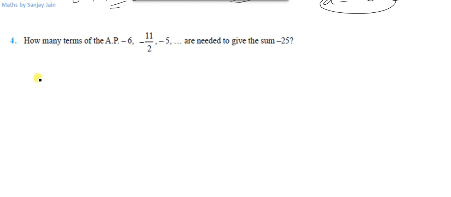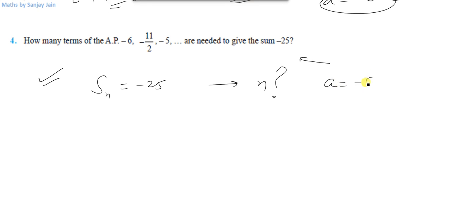How many terms of the AP are needed to give a sum of minus 25? So the sum of how many terms will be equal to minus 25? What you need to find is n here. Okay. What is the first term? First term is minus 6. What is the common difference? Common difference can be obtained by minus 11 by 2 minus of minus 6.